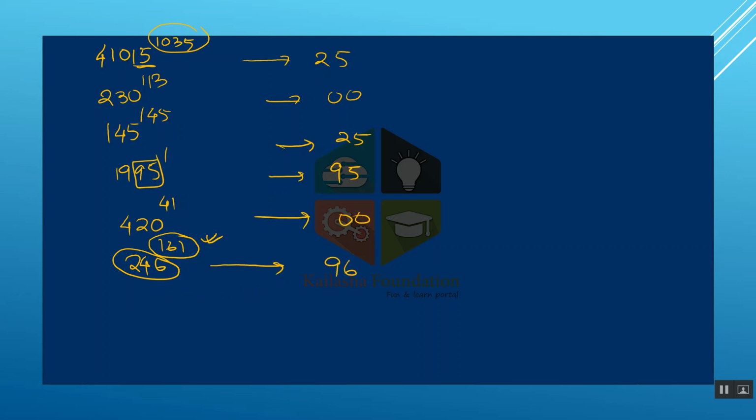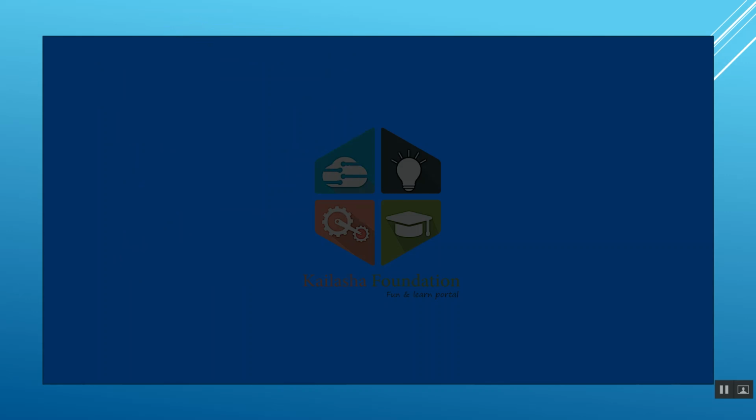Okay, now we will discuss all remaining cases. Here you have to be careful how I am going. It is a very sophisticated method of calculating the last two digits.